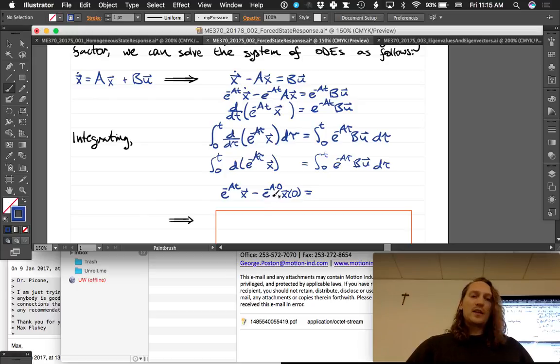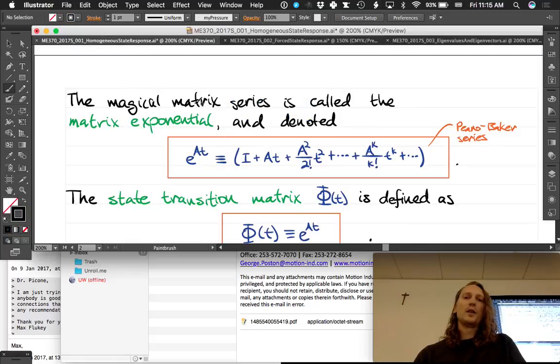So it's really just x of t minus x of 0. So this ends up, this is actually the identity matrix. If you were not sure about the matrix exponential, you could always go back to our definition of the matrix exponential and ask, this is e to the A t, what happens if t is 0 in this series?